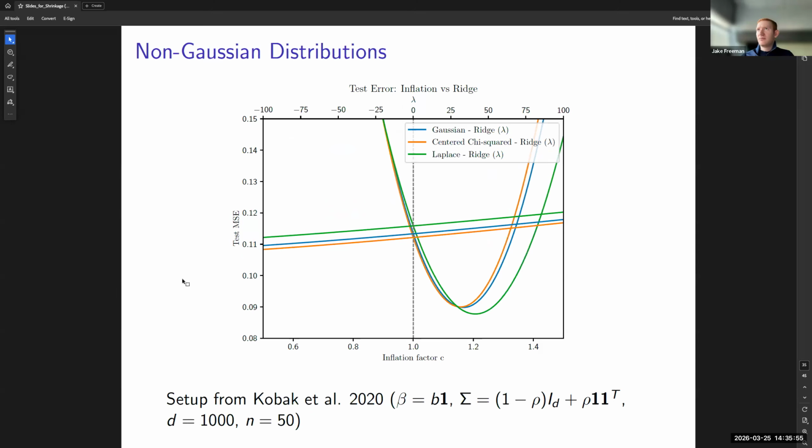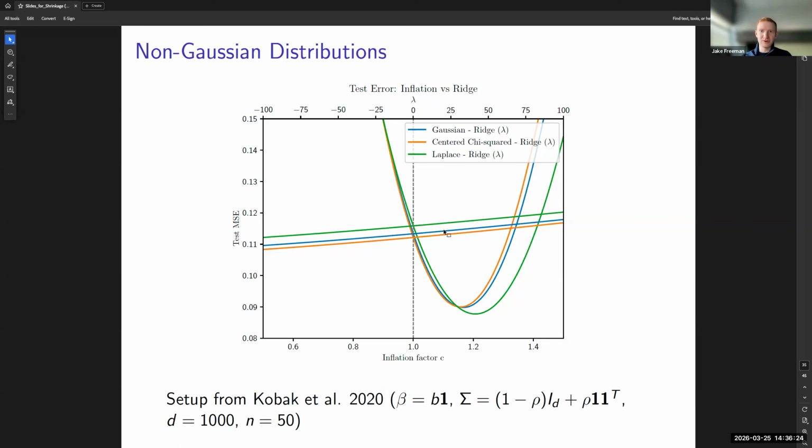The next one we want to talk about is non-Gaussian distributions. In this case, we mirror the toy example setup that Kobak et al. provided in their paper. I put the parameterization down here. We did it across three different distributions: the Gaussian, which is in blue, the Laplace, which is in green, and the chi-squared, which is in orange.